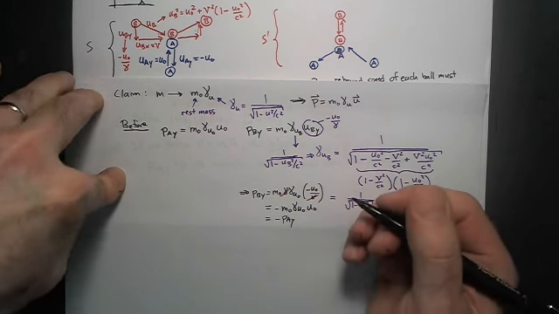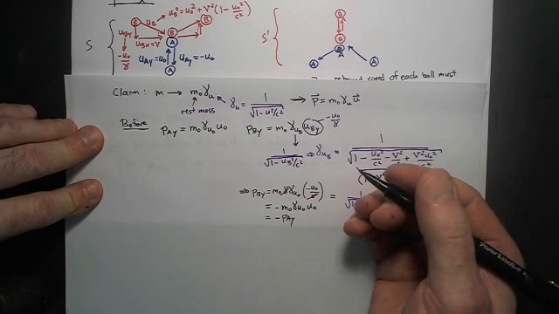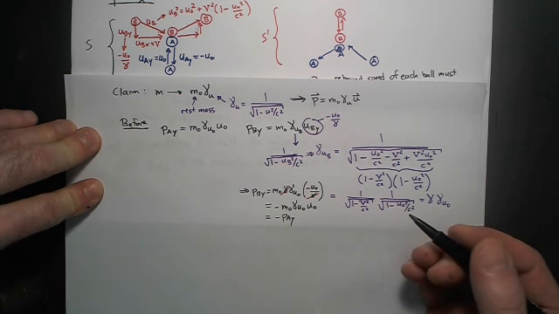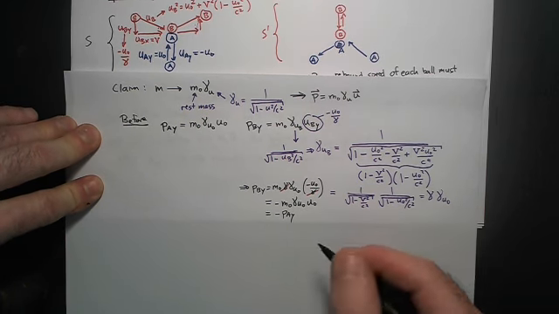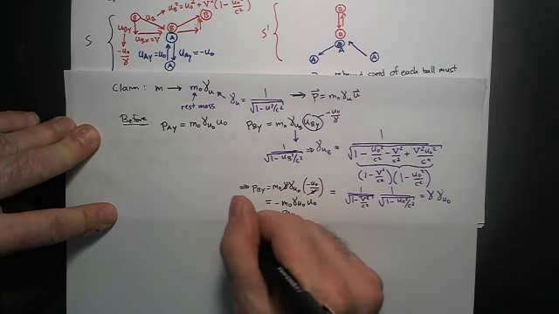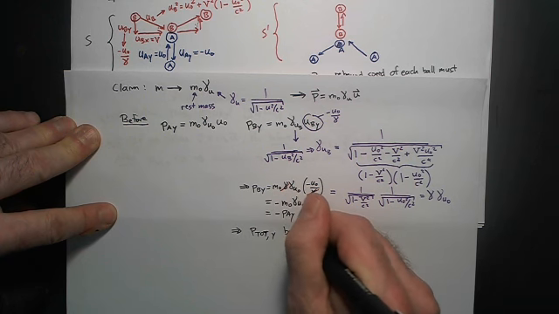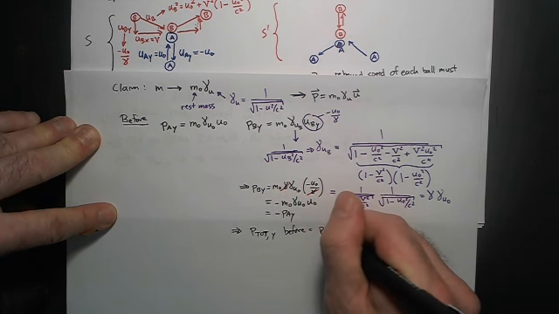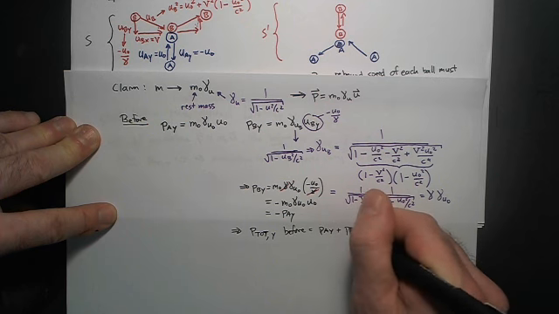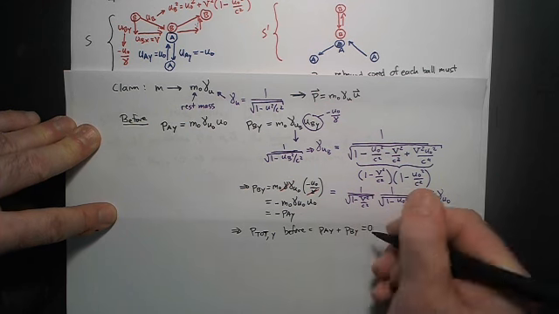And that's what we wanted, because that means that the total momentum before the collision is 0 in the y direction: p total in the y direction before, which is pay plus pby, equals 0.